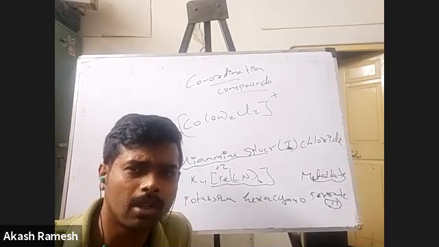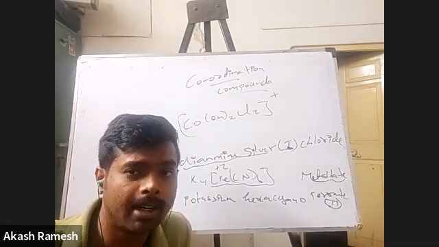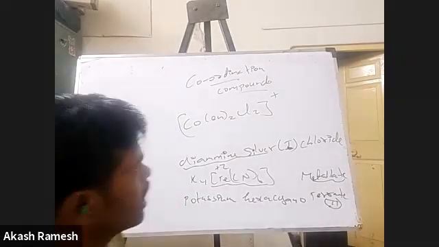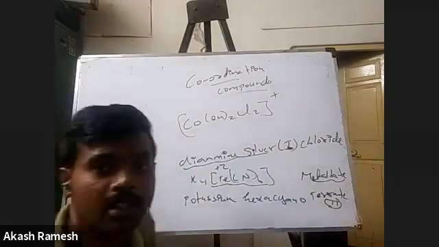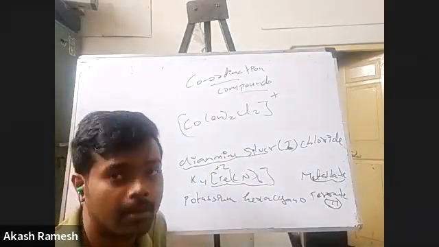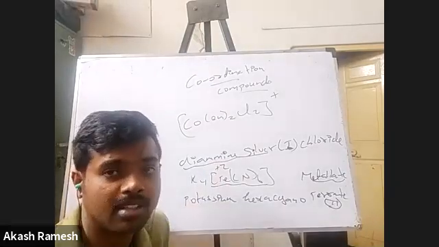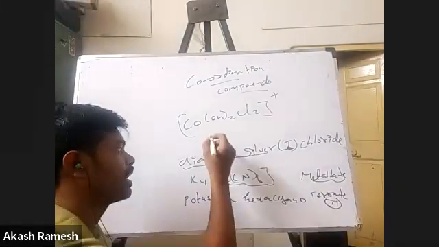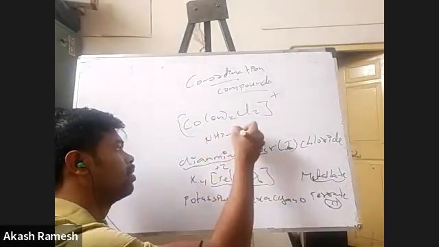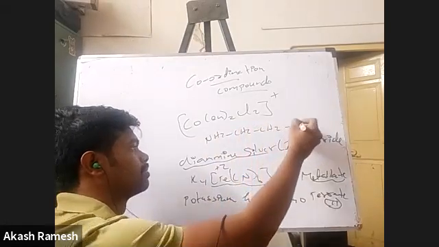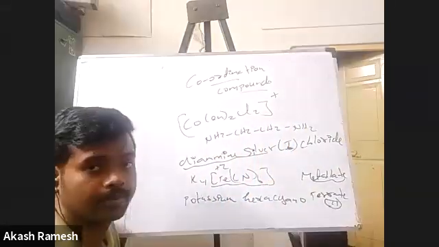Now you have something called didentate, tridentate, polydentate ligands. If you look at ethylene diamine, en is the abbreviation for ethylene diamine. This is how it looks.